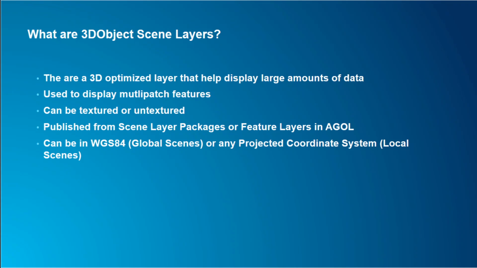So when you're cooking this data and you're thinking about it, you want to understand what coordinate system you want to be using it in. Because it's all cached data, it won't be reprojected on the fly like a feature layer or like a dynamic map service would be. So in the case of a scene layer, it is dependent on the coordinate system, just like a tile layer that you would be using, because we're a lightweight application, and so we're not going to be trying to reproject those on the fly like Pro can.